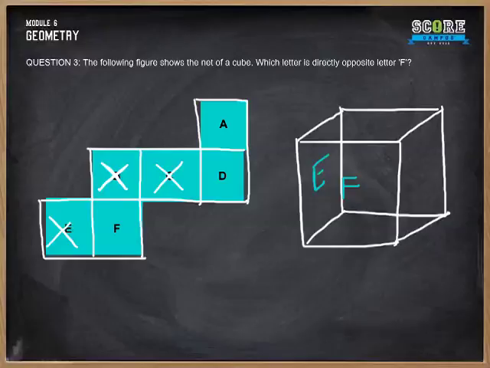What is going to be on top? What is going to be on top is going to be B, right? What is going to be on the right hand side? On the right hand side is going to be the letter C. So what is going to be on the base? The base is going to be, following that pattern, you realize that D is going to be the base. That leaves A on the opposite side. A is on the opposite side. So what is the answer? The answer is the letter A. A is the right answer.